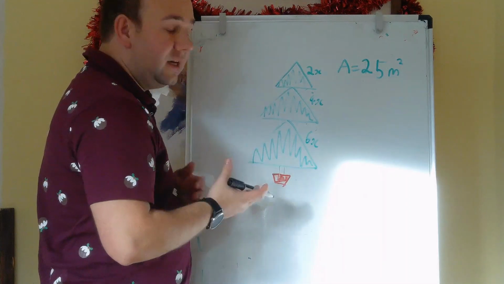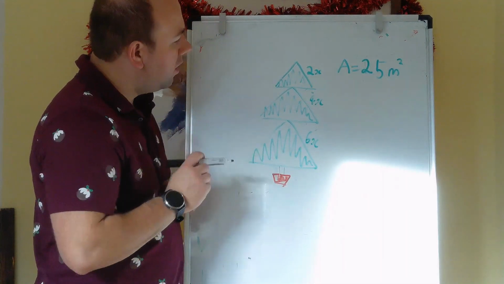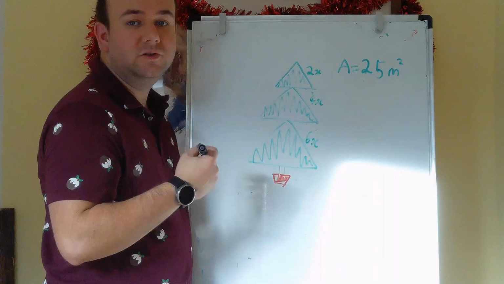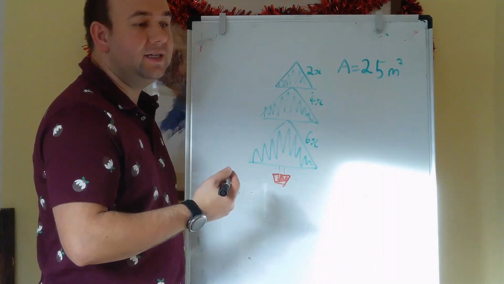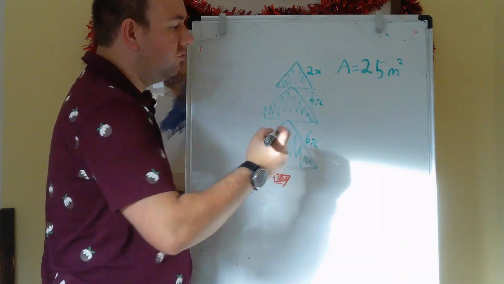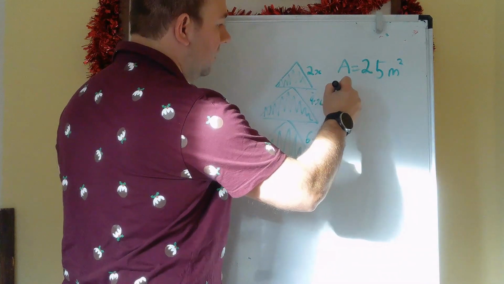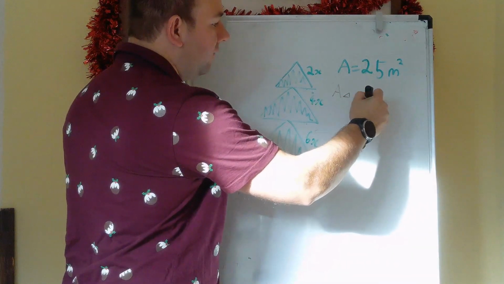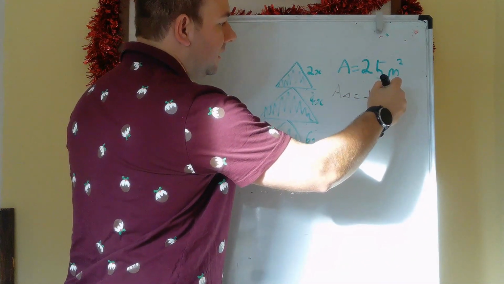If you're looking at this in an exam, we should break it down into things we know. There are triangles and we're talking about area, so it's a good idea to write down the area of a triangle. The area of a triangle is equal to half the base times the height.